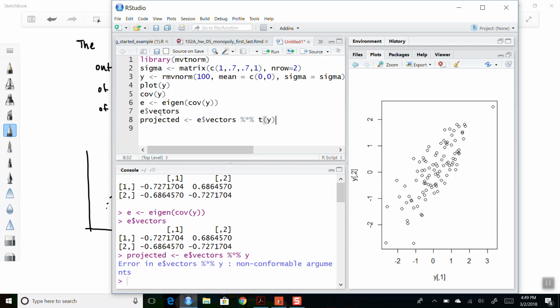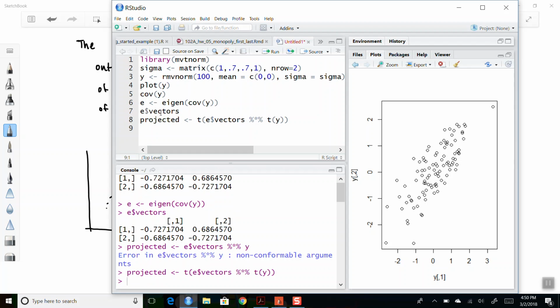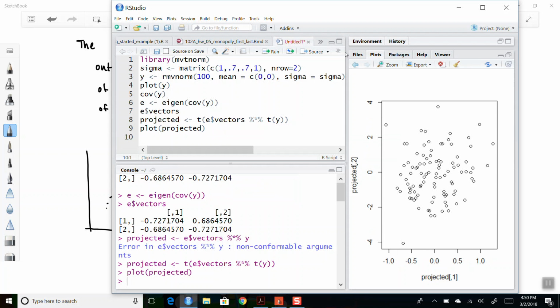Am I getting this the right way? I think I need to transform this way. Okay. All right, and we'll plot the projected data. Did that not work? Okay, let me.